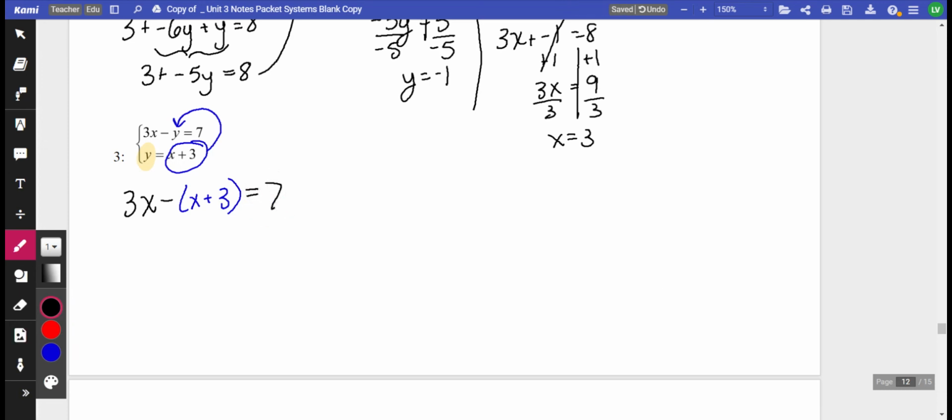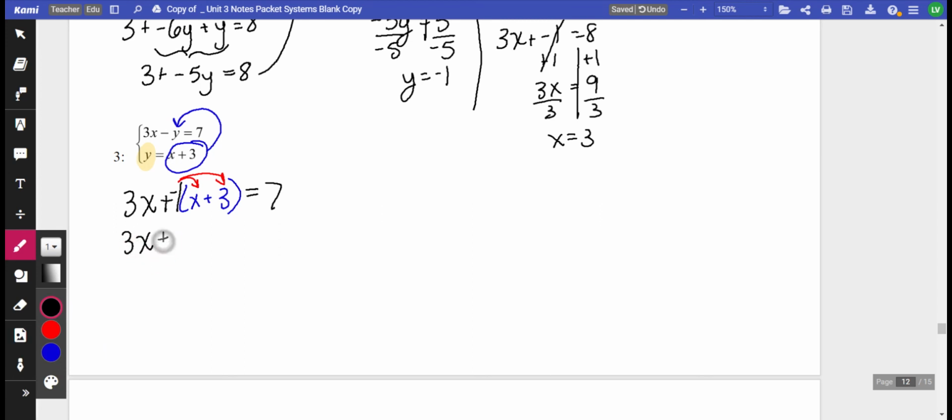Well, there's subtraction, so I'm going to add the opposite. And, well, having a negative there, I'm going to put an imaginary 1. That indicates that I have a 1 right there. I'm actually going to distribute a negative 1 to both terms inside of my parentheses.